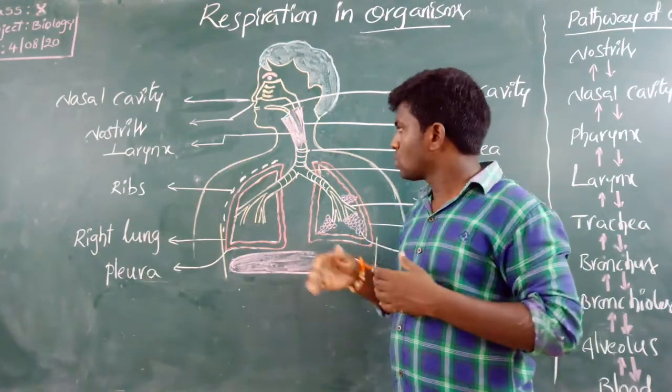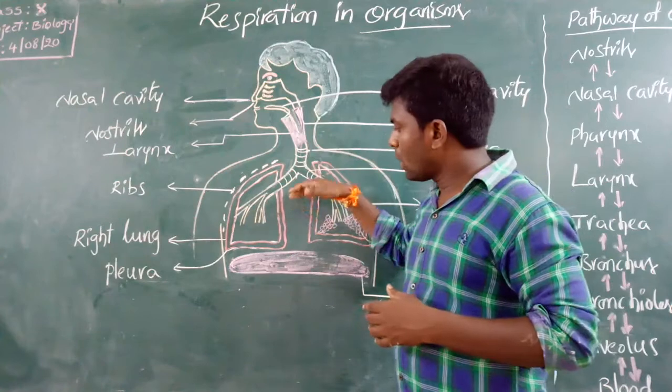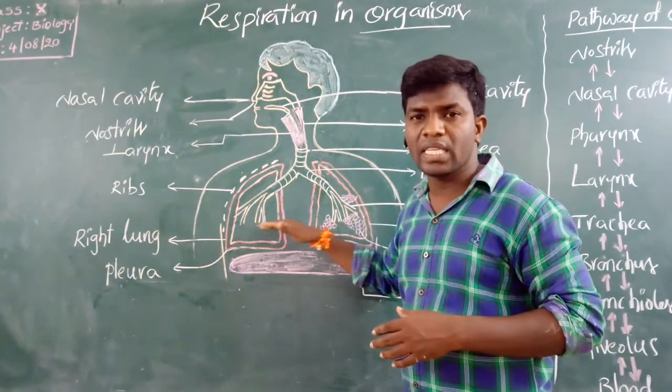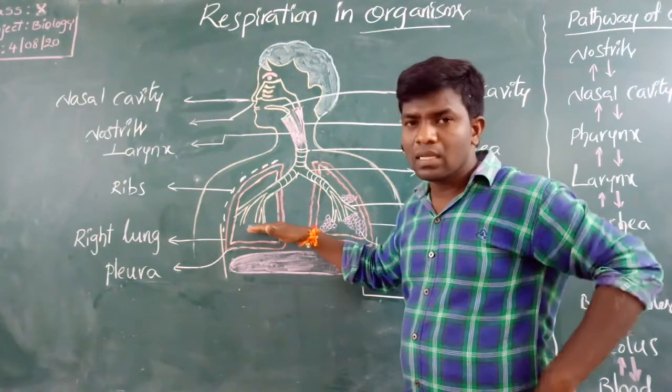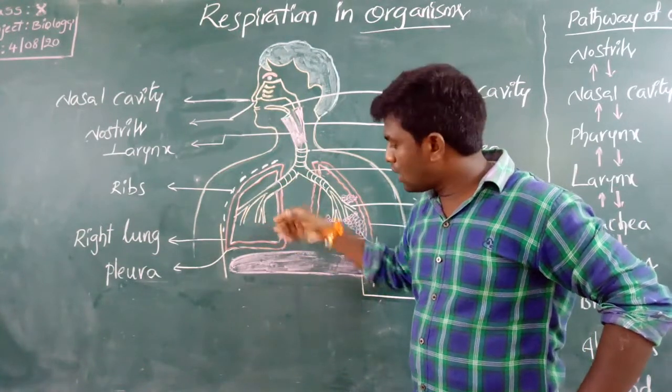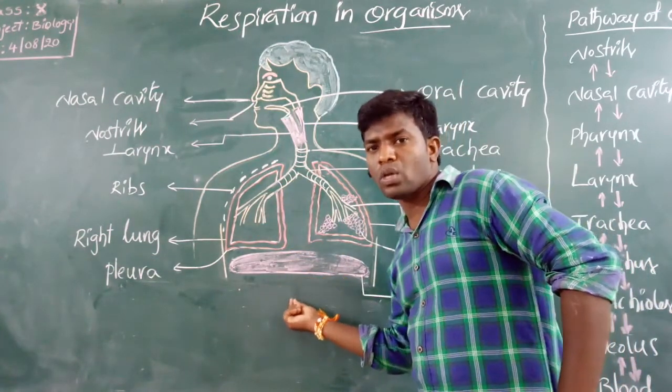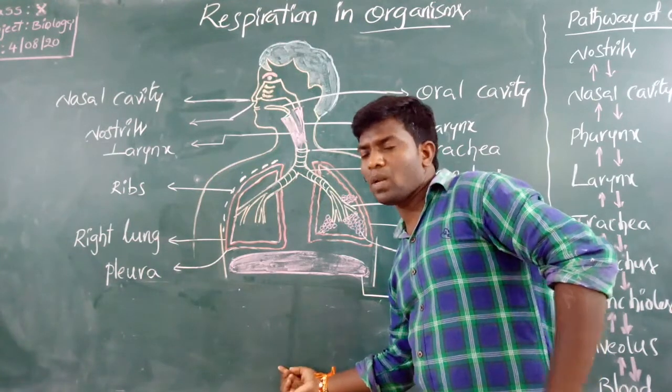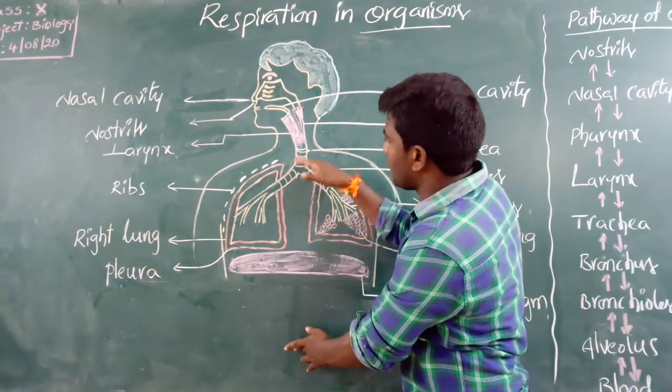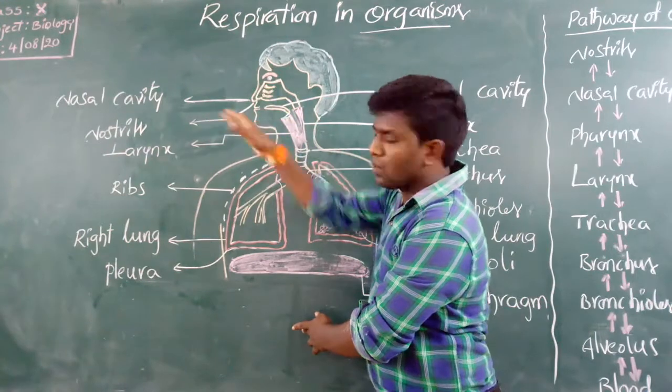While we are breathing in, our lungs are filled with air, then our lung volume is increased, then the diaphragm moves downwards. While we are breathing out, automatically the air is coming out from the lungs.